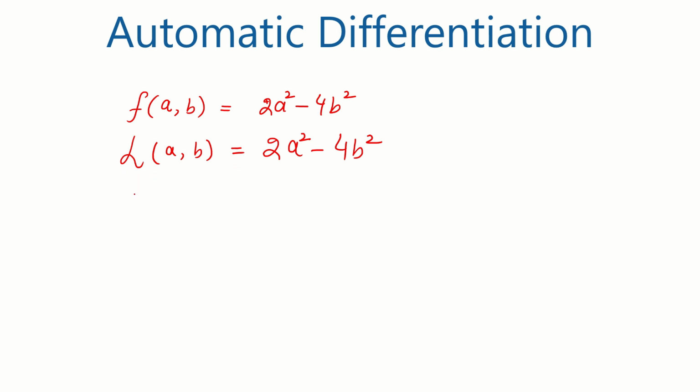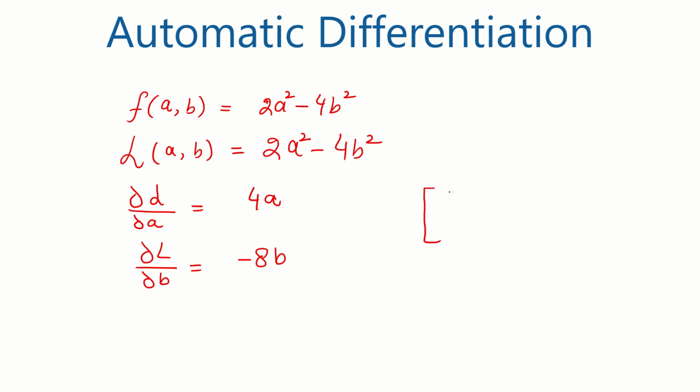So the derivative of the loss with respect to a becomes 4a. That's the gradient, or the partial derivative, of the loss with respect to a. Similarly, the partial derivative with respect to b becomes −8b. So that's how the partial derivatives are computed.